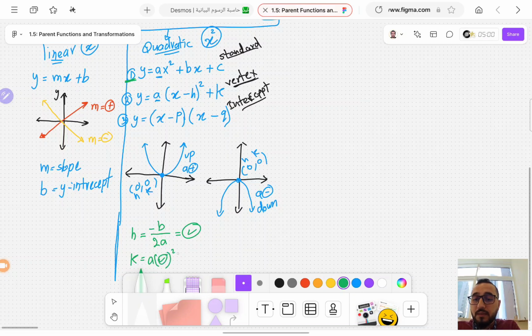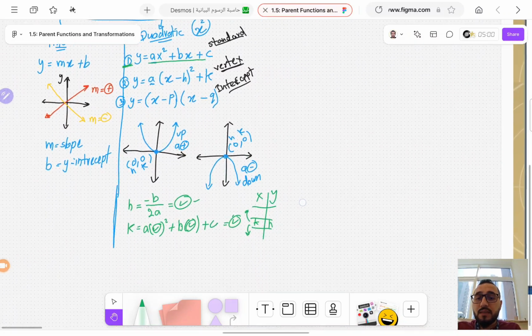So it will be b, plus c, and after that you get k. Then you can make the table x, y. In the middle of your table will be h and k that you got from here. Then pick 2 points less than and 2 points greater than. This is how you can graph it when it's in the standard form.